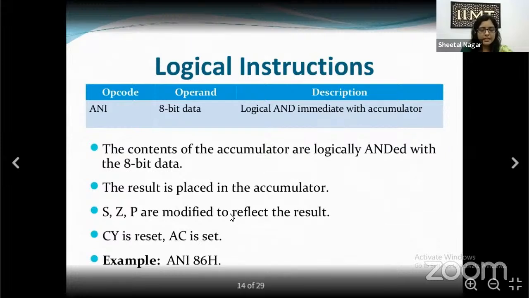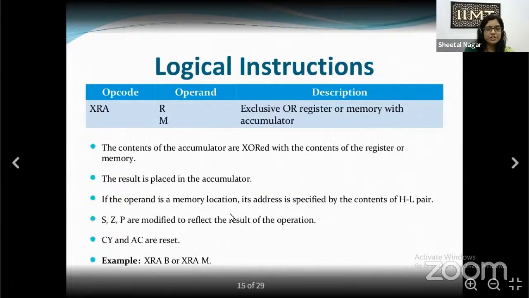For example, ANI 86H. Here, the H indicates that 86 is a hexadecimal number. ANI 86H ANDs 86 immediately with the contents of the accumulator, and the result will be stored in the accumulator only. Sign, zero, and parity flags are modified to reflect the result. Carry will be reset and auxiliary carry will be set for this logical instruction.